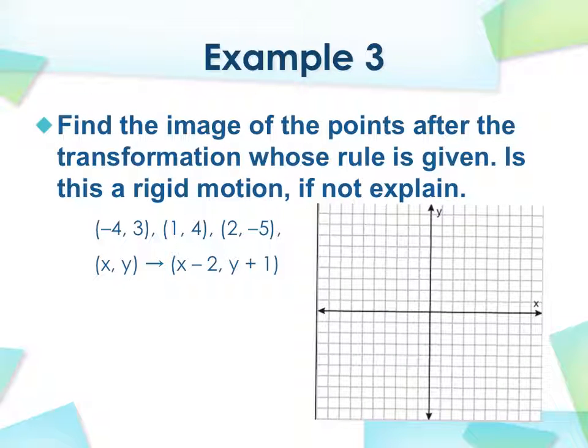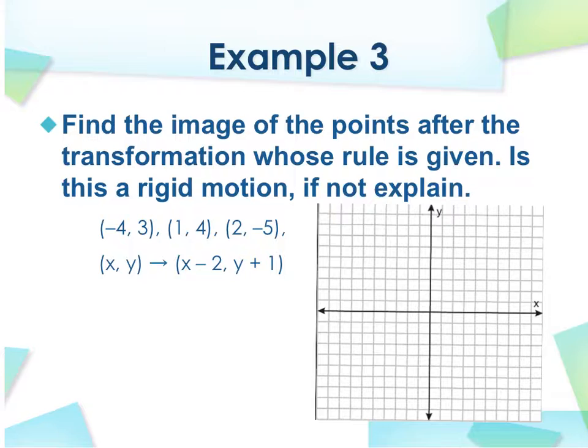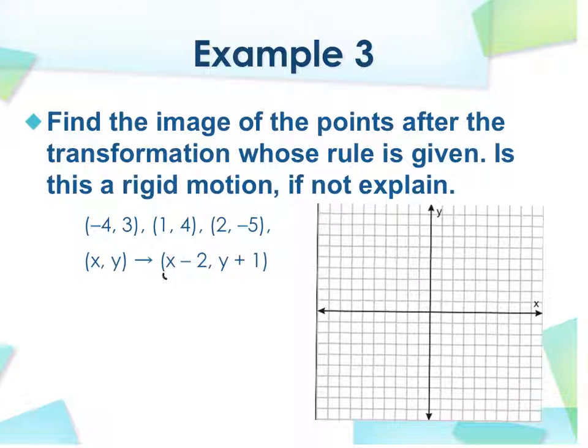Okay, so I'm going to go ahead and graph the 3 ordered pairs, and then we're going to apply this rule that's here to each of the ordered pairs. So what they want us to do is to the x coordinate, we're going to subtract 2. To the y coordinate of each one, we're going to add 1. And this is going to give us our transformation. But let me go ahead and graph the original ones.